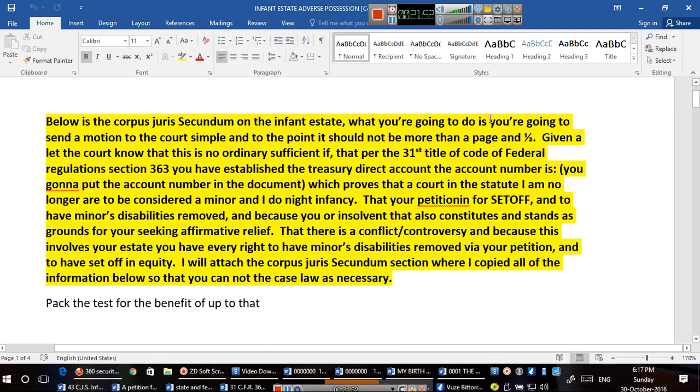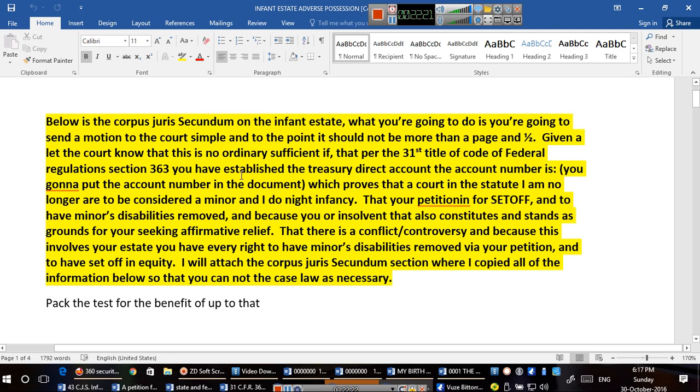What you're going to do is this. You're going to send a motion to the court, simple and to the point, that should not be more than a page and a half. You're supposed to let the court know that this is no ordinary petition, that per the 31st title of the Code of Federal Regulations, section 363, you have established a Treasury Direct account number.